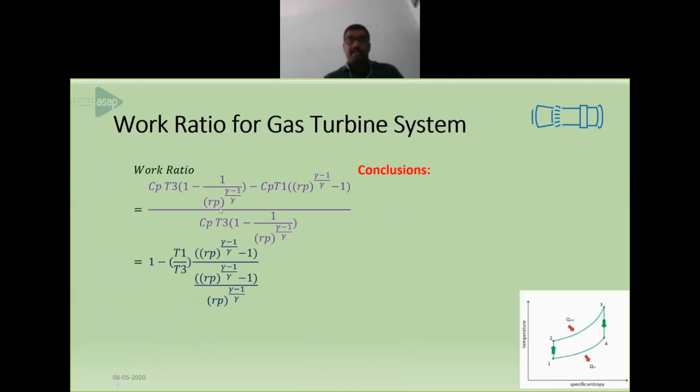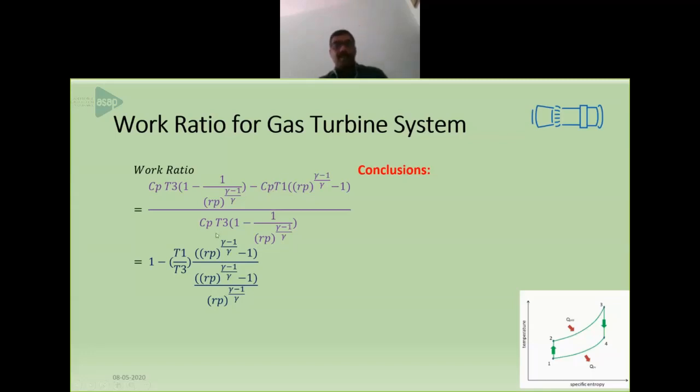Next we are having the work ratio. In the work ratio, already we have seen this is the work output, this is the work input by the compressor, and the denominator portion is also the work output by the turbine. When you substitute all these things, there will be a simplification because these two terms are equal. So 1 minus a particular term. All the Cp is there in numerator and denominator, we have eliminated that.